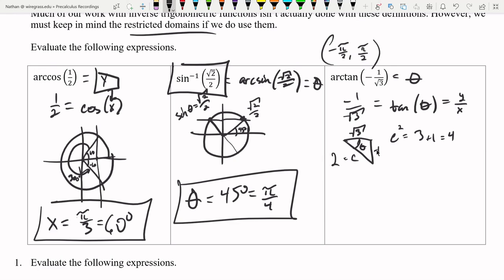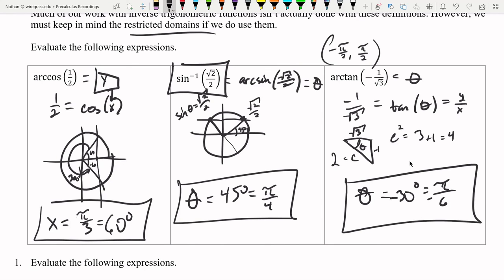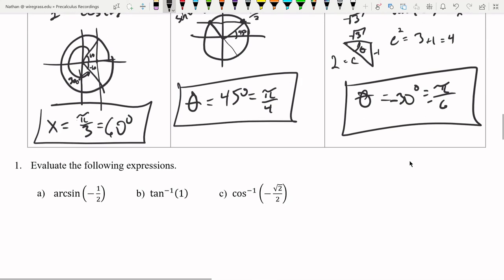So that tells me that 1 is opposite the theta. That means theta must be 30 degrees, or pi over 6. In this case, it's actually negative 30 degrees or negative pi over 6 because we had a negative angle. But that's how you can find these inverse trig functions. Okay, give it a try in number 1.